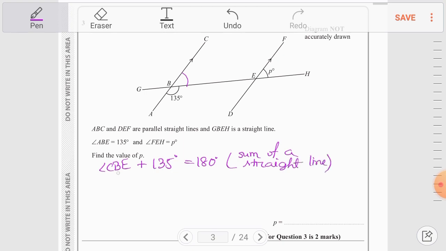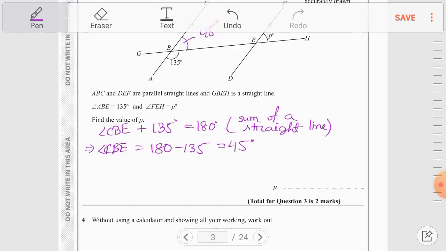So we can make angle CBE the subject of this equation, and we get the value for CBE, that is 180 degrees minus 135, and that is 45 degrees. So the value for angle CBE is 45 degrees.